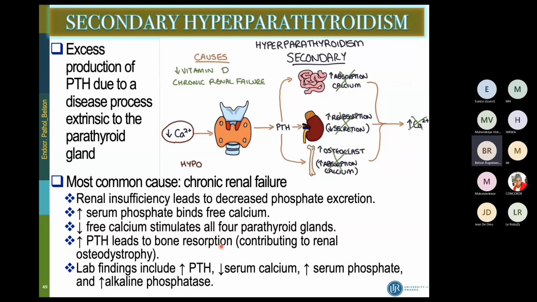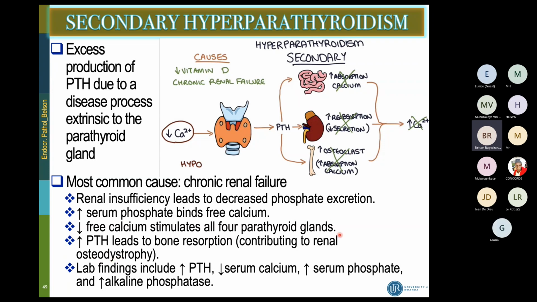It leads to bone resorption and contributes to renal osteodystrophy. Renal osteodystrophy is osteodystrophy caused by renal problems. So in renal failure, because of the process we read here, at the end the bones will be resorbed.